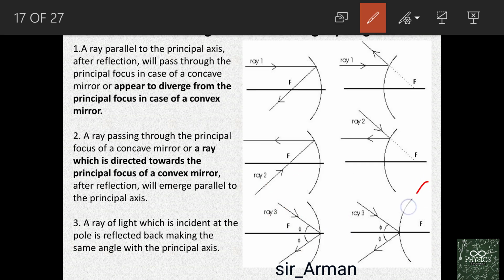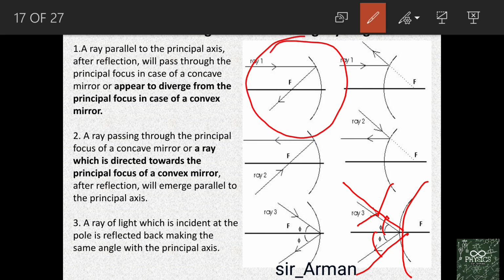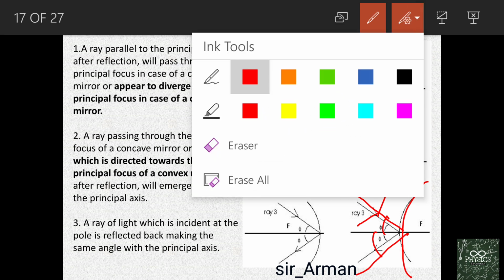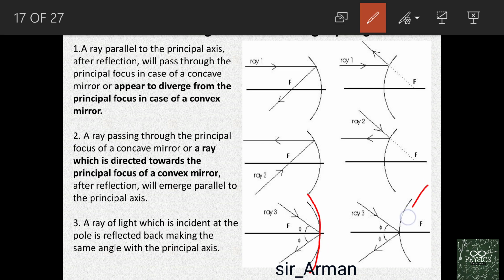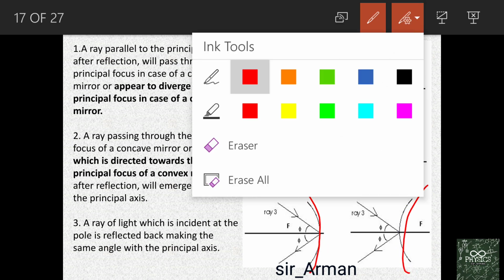Similarly here, this is our convex mirror. If you make this ray incident at this particular angle, after reflection it will make the same angle. Remember, in all these cases the laws of reflection are followed, but here we can clearly observe it in this particular situation. So remember this.